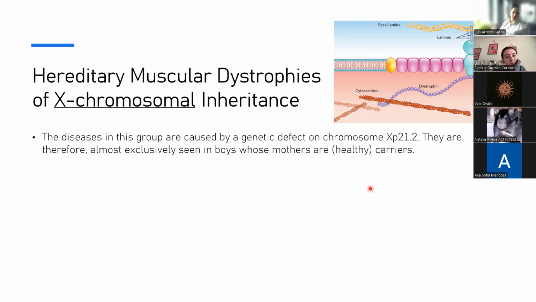It's a genetic defect in chromosome Xp21.2, and therefore they are almost exclusively seen in boys whose mothers are healthy carriers. Something very sad about these genetic defects is that there's not a good prognosis for this.